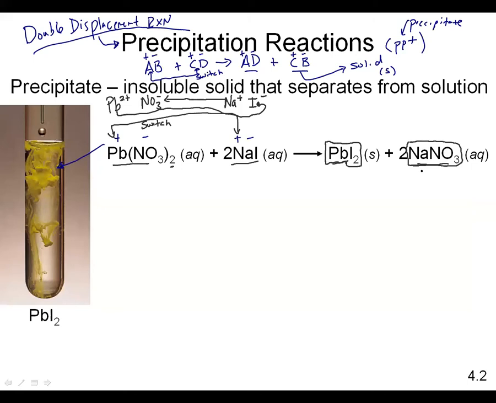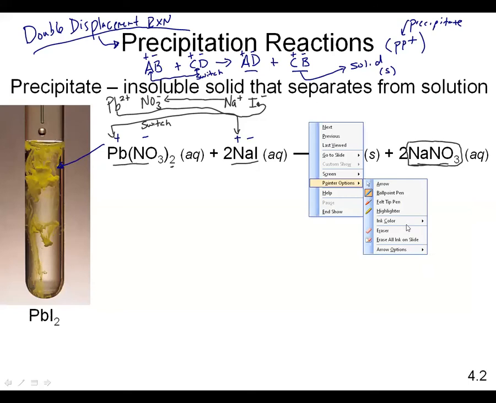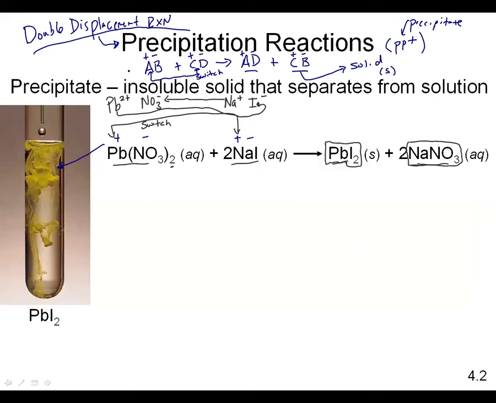Once you write these formulas down, then you could go back and balance it by changing the numbers in front. So you could change the coefficients in front after you get the right formula. And again, in this particular case, we need 2 here and a 2 here. So there will be problems where you'll have to predict the formulas on the product side.